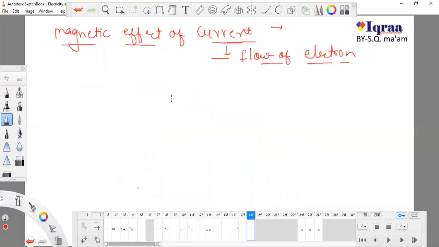Now first of all, remember that this is a battery, and this battery has a positive and a negative terminal. This is our circuit, and in this circuit it is our battery.